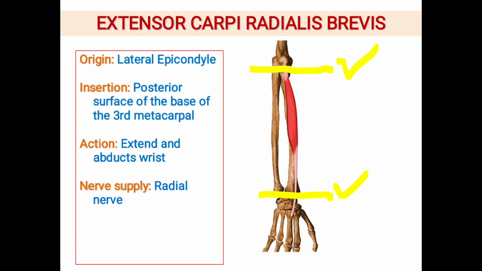You can also extend the elbow. And the nerve supply is the radial nerve. So let's go to the next muscle.